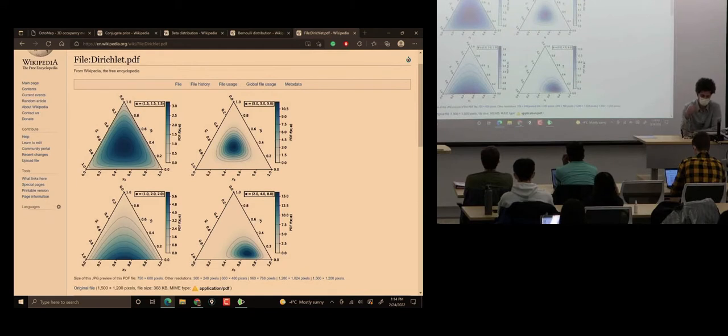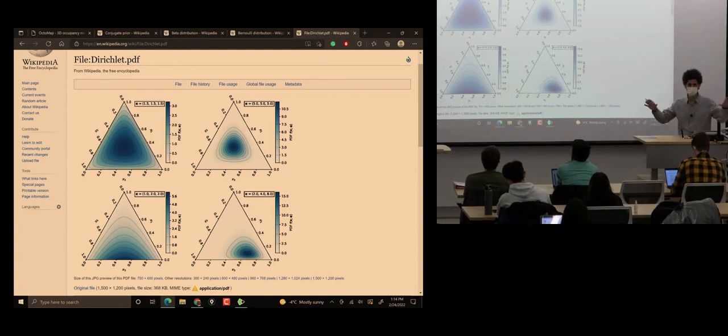So now you can imagine a triangle, and we have three categories. Then the mass of the distribution is such that it shows the amount of weight on each event.